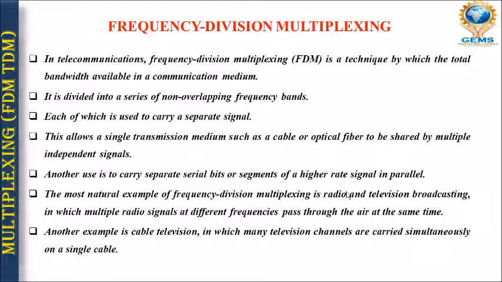Cable television means we have television at our home, and we can watch so many channels on one TV only. How is it possible? This is possible by frequency division multiplexing, right?